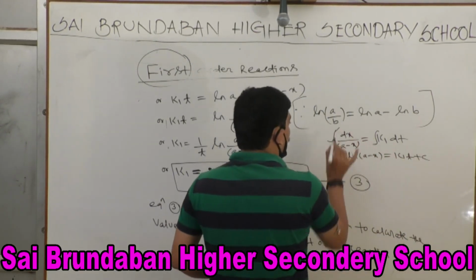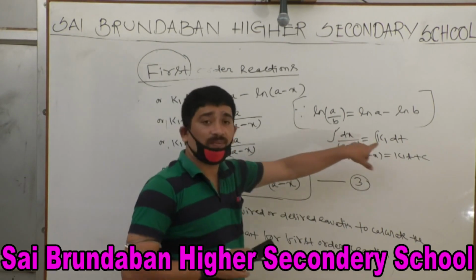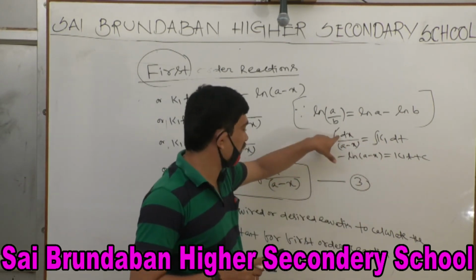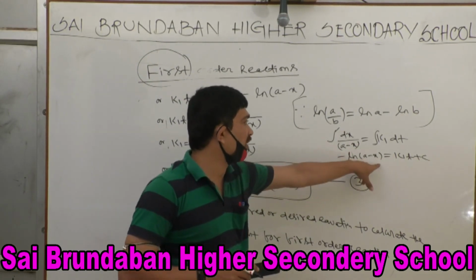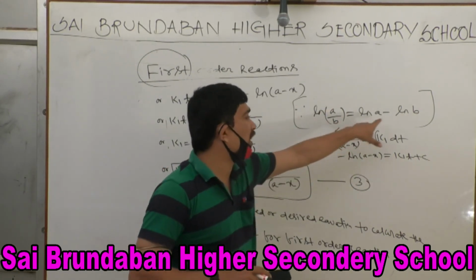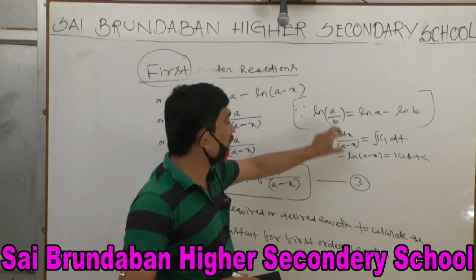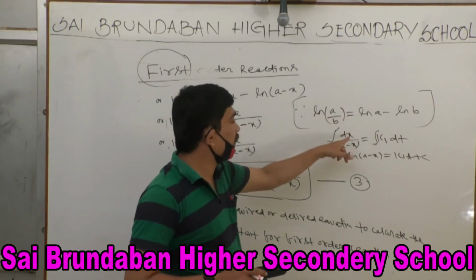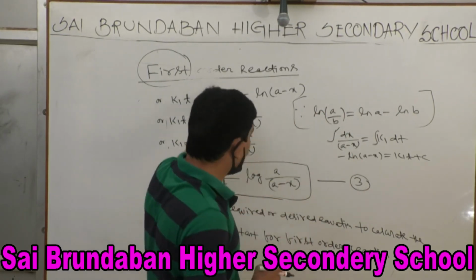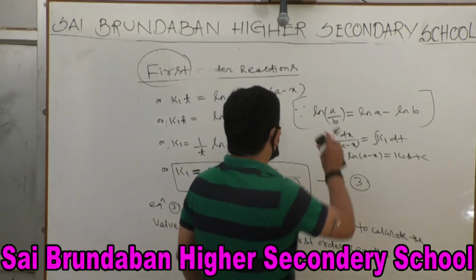This is another integration formula. You already know from the formulas of integration that the integral of dx by a minus x is minus ln a minus x. These are the only two mathematical formulas you have to apply in the derivation. Clear? Is that clear?